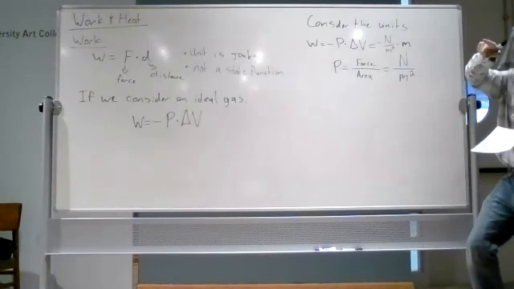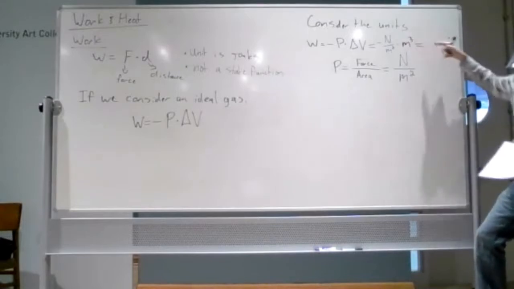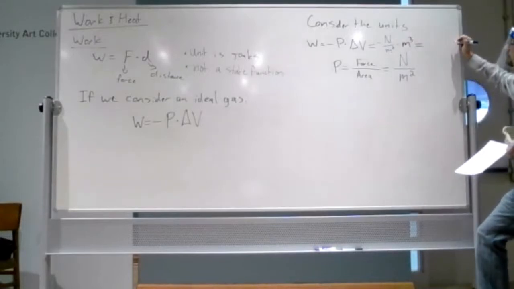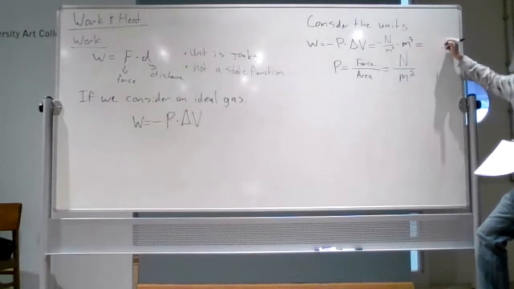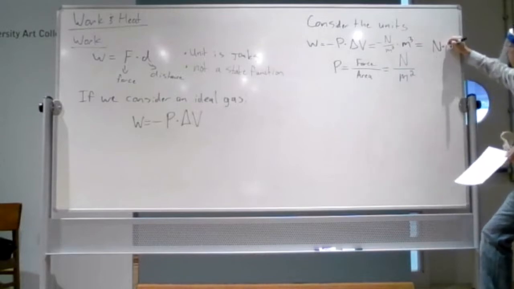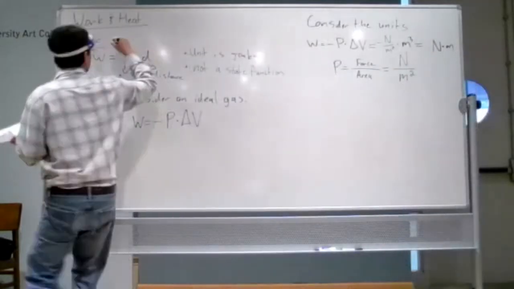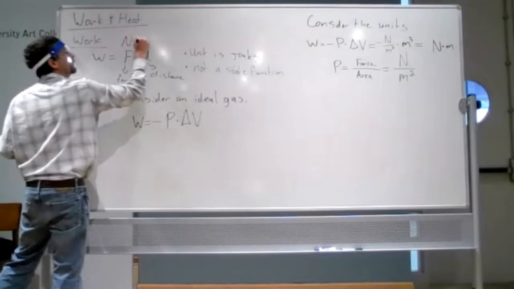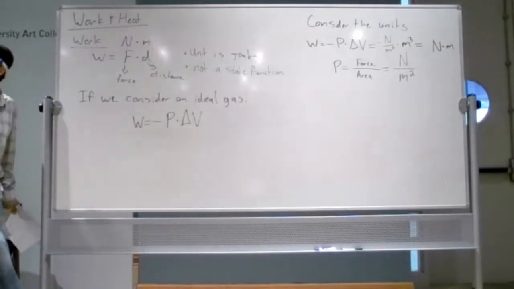Yep, it's cubed. So multiply that through, what are you going to get as a result? So what cancels? Yeah, we get newtons times meters. And if you look, that's the same thing here. We'd have a newton times a distance, which is a meter, and it ends up being newton-meters.